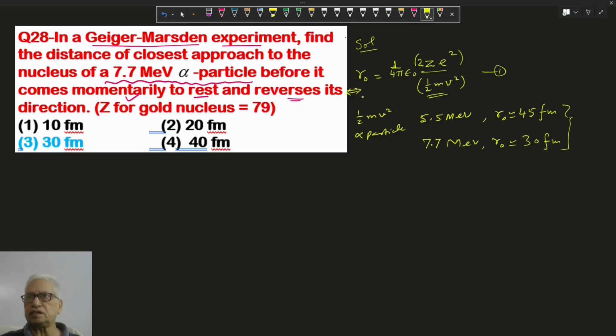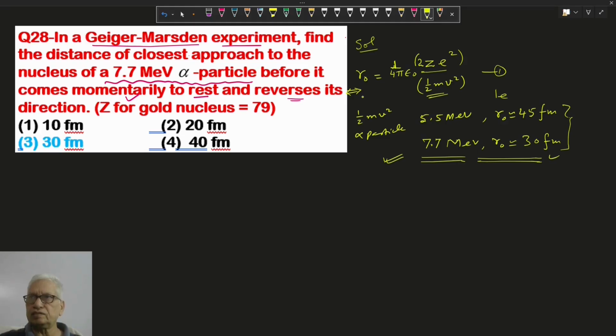That's why they have not taken higher energy, because we are interested in finding the distance of closest approach, not the alpha particle colliding with the gold nucleus. That's why in this experiment they have taken the maximum energy for which the alpha particle goes closest to the nucleus but does not collide. So for this energy, 30 Fermi.